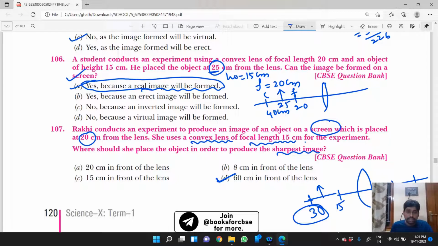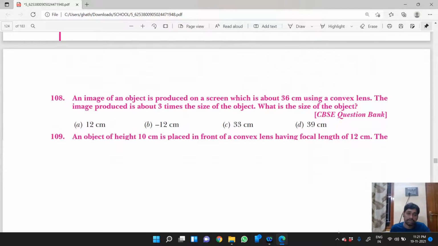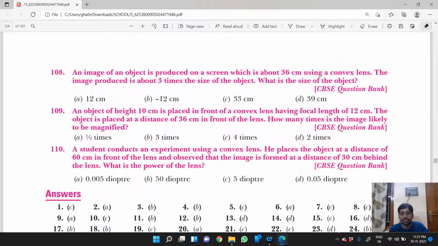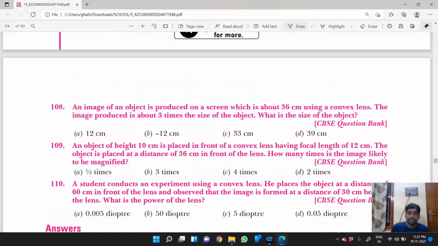So in that way, some questions are tricky, based upon the concept, and don't involve any numerical part. Now question number 108: an image of an object is produced on the screen about 36 centimeters away using a convex lens.